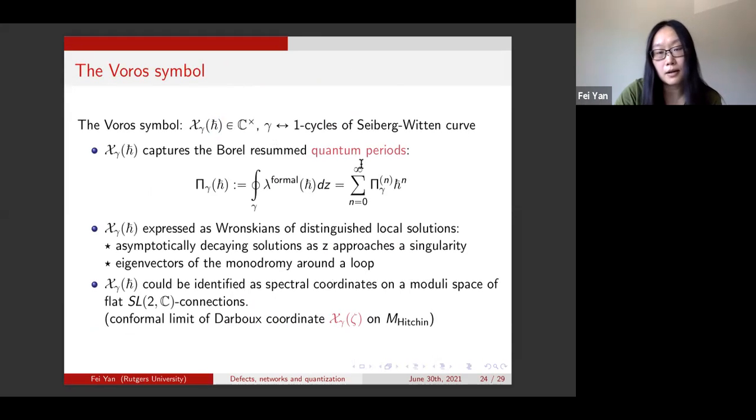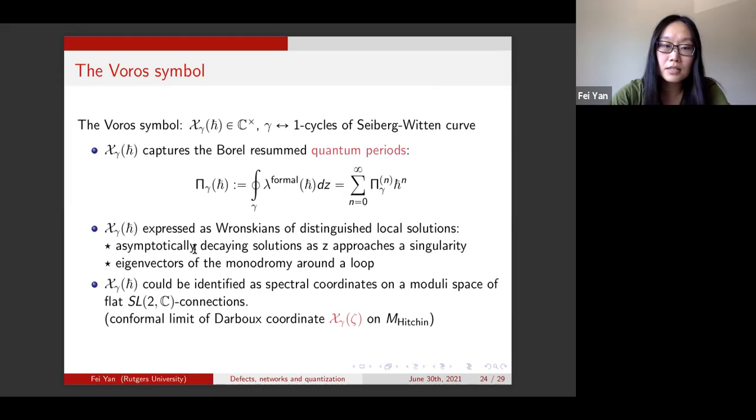The quantum period is formally defined by the integral of the formal solution to the Riccati equation along the one cycle gamma of the spectral curve. So it's also some asymptotic series in h bar. And if you want a function, you do Borel summation, and that is captured by the Voros symbol. From the point of view of the study of the ODE, this Voros symbol could be expressed as Wronskians of distinguished local solutions.